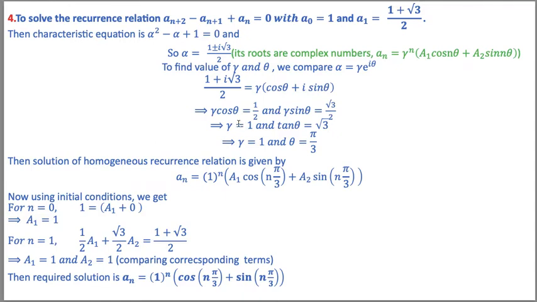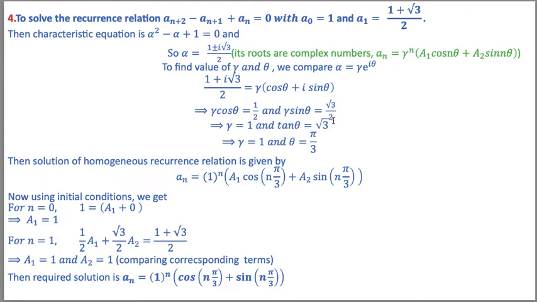It means if we square and add, γ² cos²θ + γ² sin²θ, take γ² common, cos²θ + sin²θ is 1, so we are left with γ² on this side, and on the other side 1/4 + 3/4, which is 1.